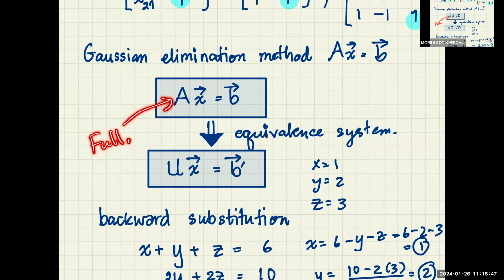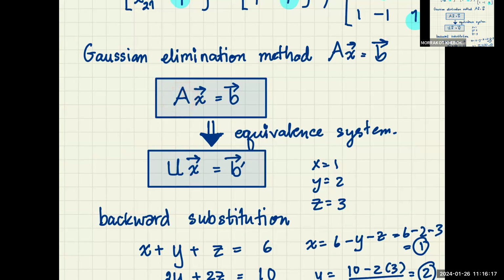But sometimes we have matrices with a certain structure that have more zeros. We call it a sparse matrix. It means a matrix that has more zeros. The sparse matrix is easier to solve, but normally we have matrix A, which is the full matrix.